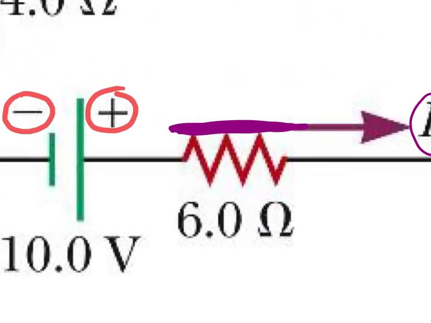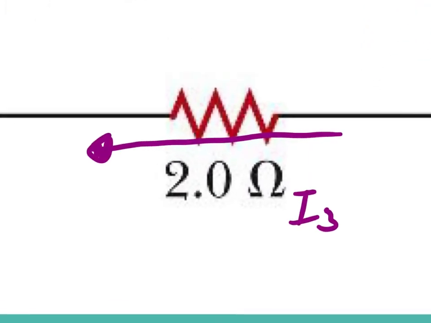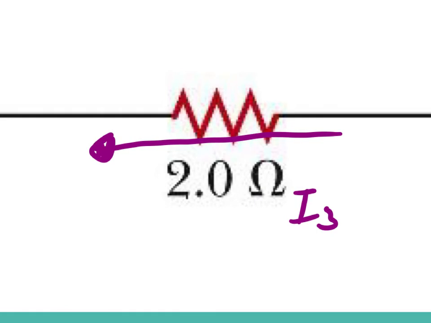Okay, the 6. It goes in on the left, that's the positive side. It goes out on the right, that's the negative side. Here, it goes in on the right, that's the positive side. And it goes out on the left, that's the negative side.